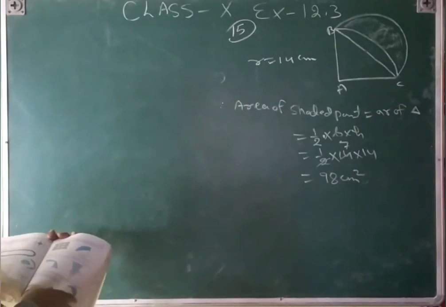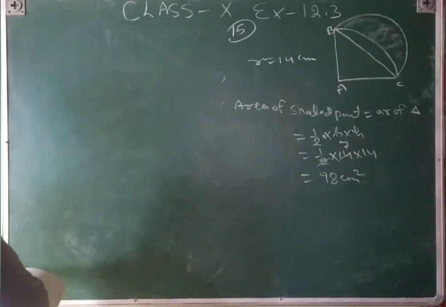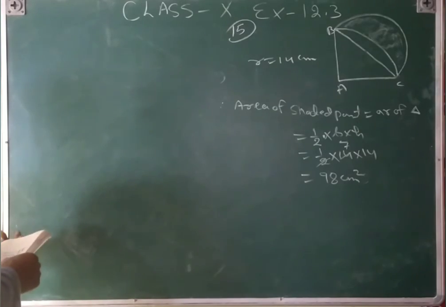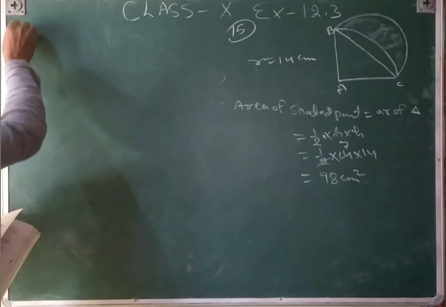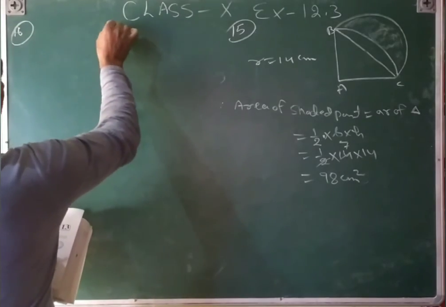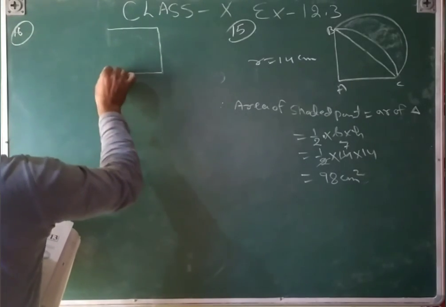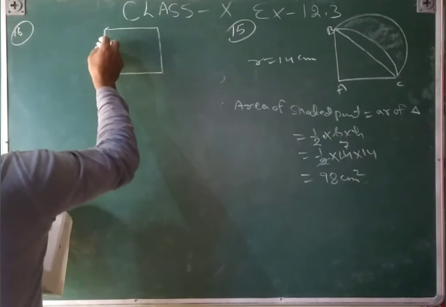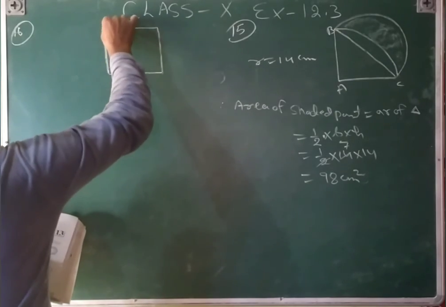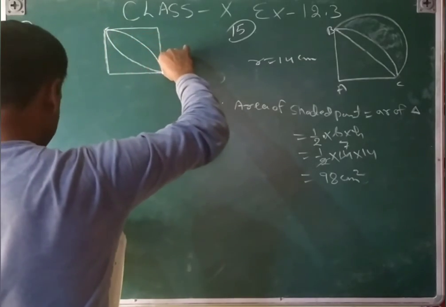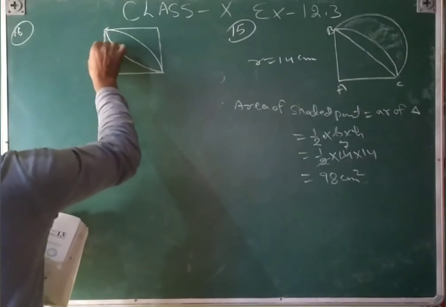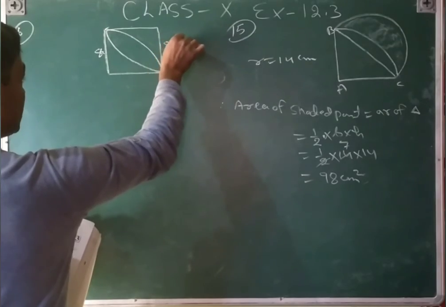The 16th question is the last question. Calculate the area of the design region in the square. Square means you know that all sides are equal, and this design has been made, and this is 8 centimeter, 8 centimeter.